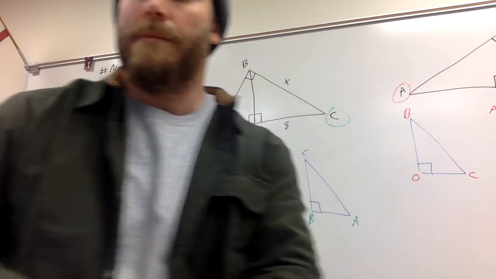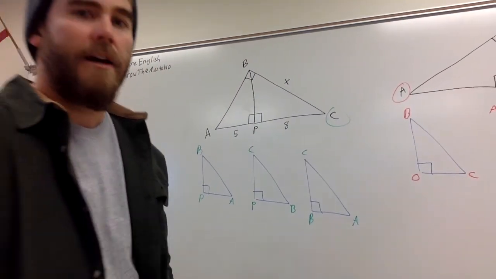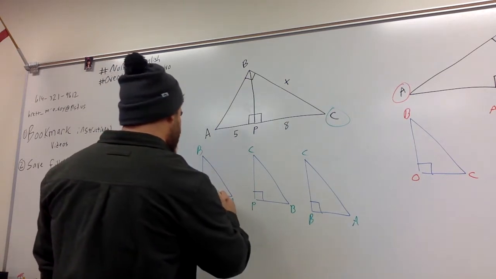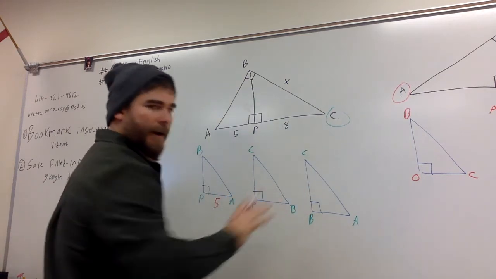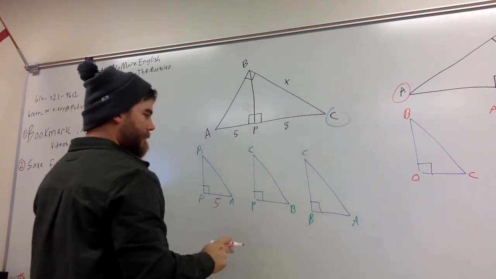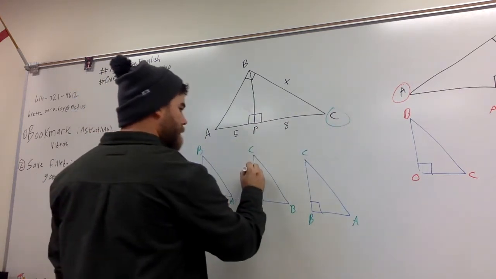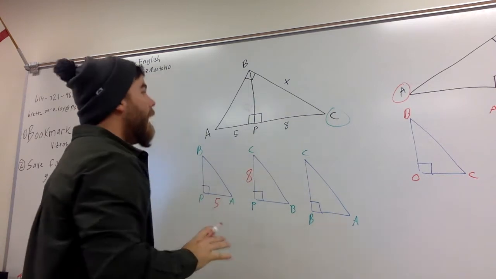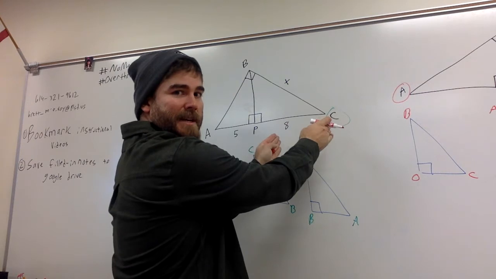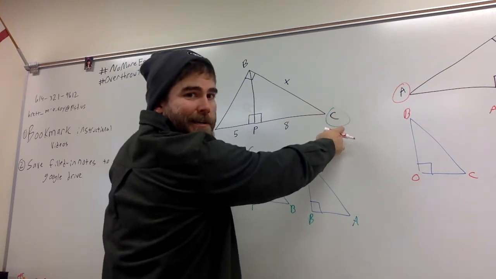Now what I need to do is plug in the information that I know. I know that AP is 5, so wherever I see AP, I write 5. I know that PC is 8. Also, if this piece is 5 and this piece is 8, the whole piece is 13.